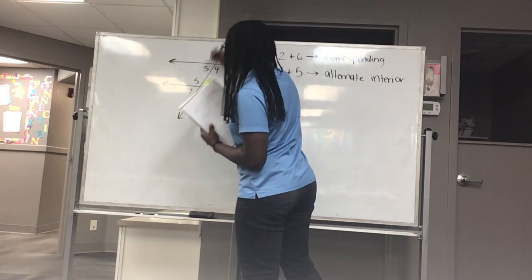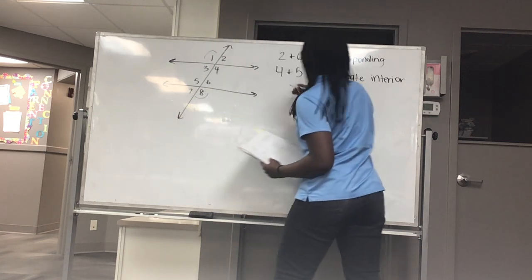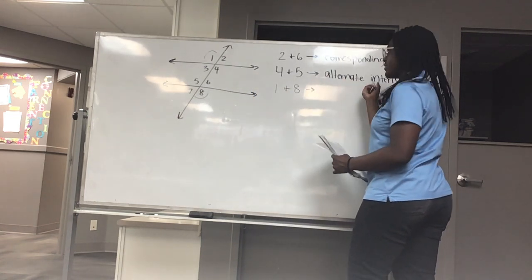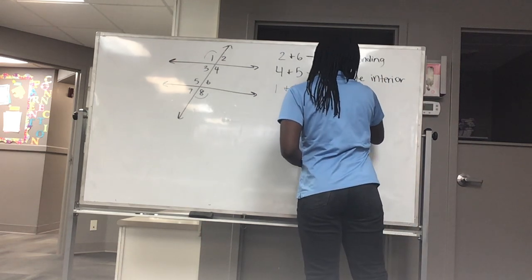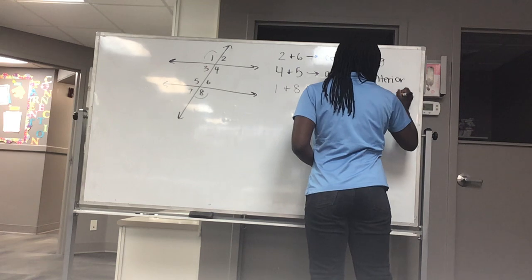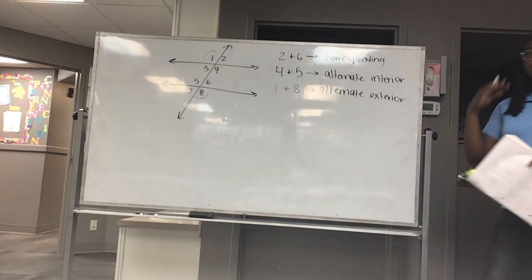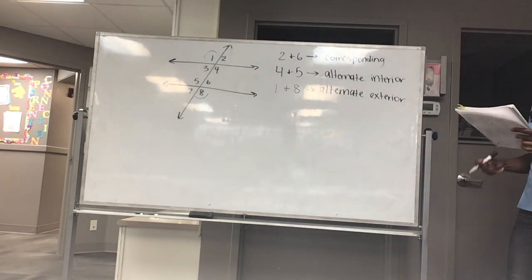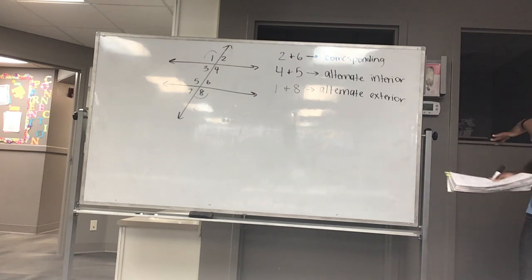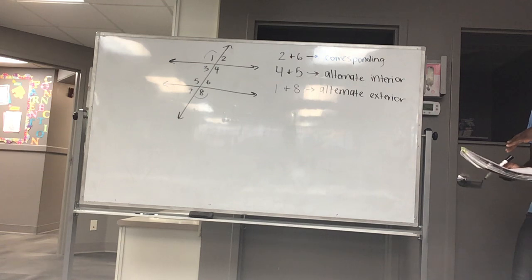And then angle 1 and angle 8, those could be classified as alternate exterior. So again, they're on opposite sides of our transversal, and then they're more on the outside of our figure. And then 7 and 2 would also work for alternate exterior angles.